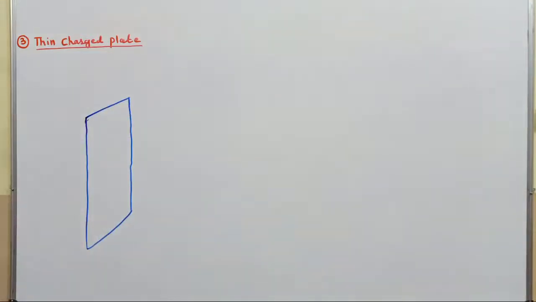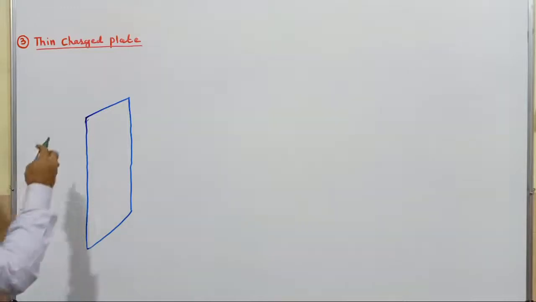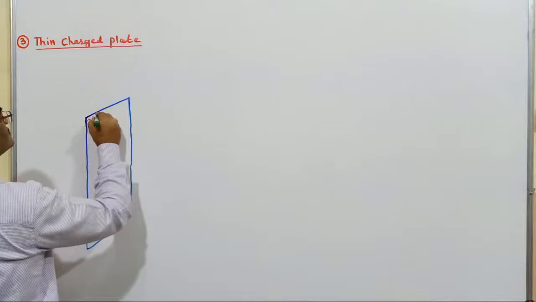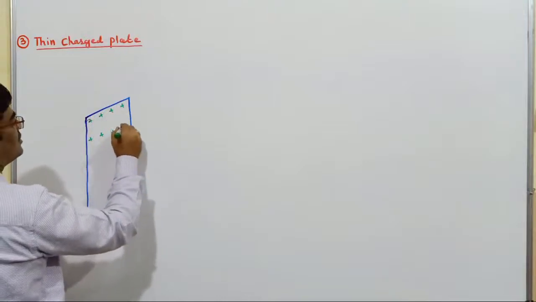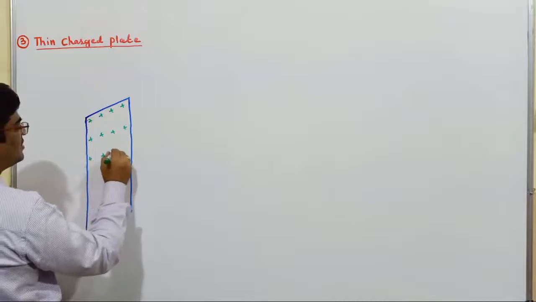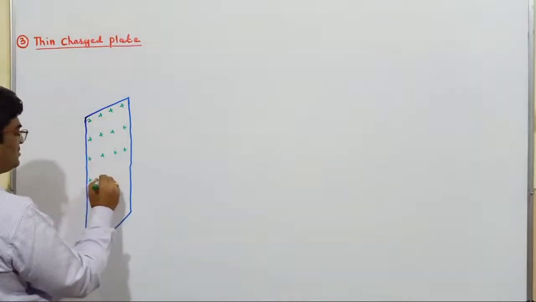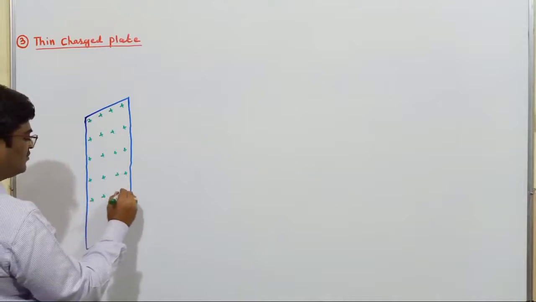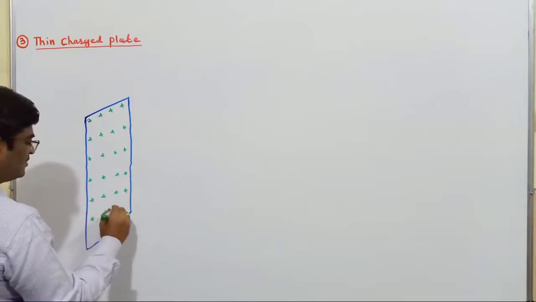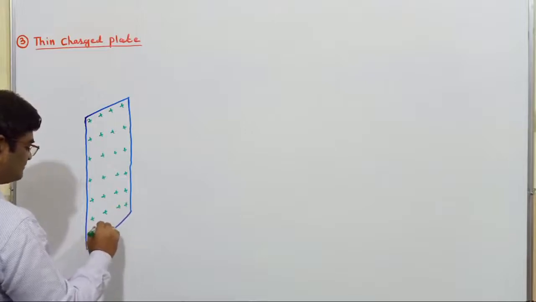Okay. Now this thin sheet which is given to me is a charged one. Say this is charged positively. Whatever positive charge is given to that thin sheet has got distributed uniformly.